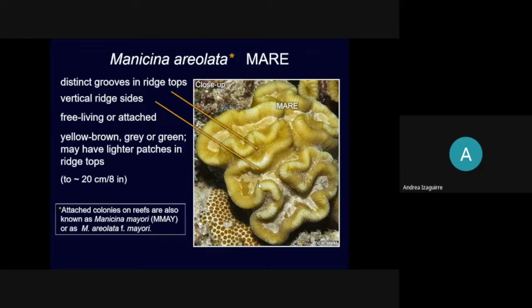And a lot of the time, you will find it free living. This means that it will not be attached to any substrate around, so it won't really be on the reef. A good example of this is next to the sand patch of the wreck. There are quite a few of these colonies just on the sand.